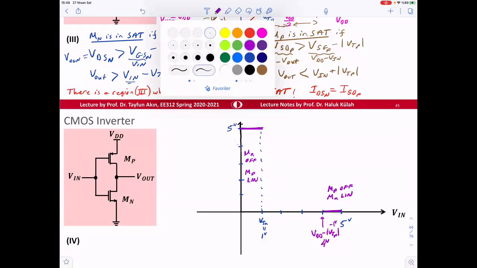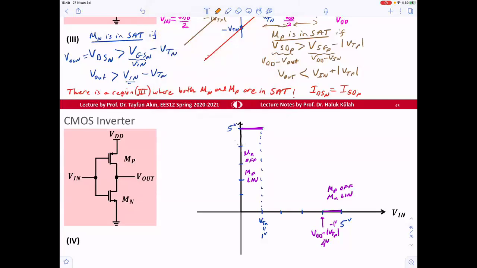So here, this is the line, slope of 1, and minus VTN, and this is the other line.